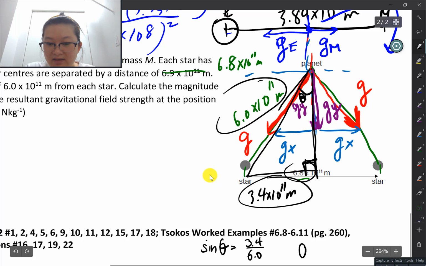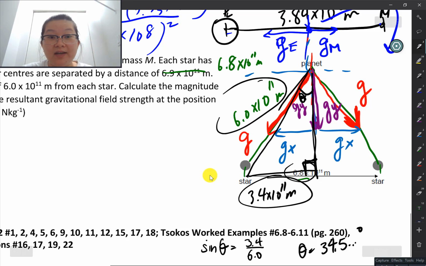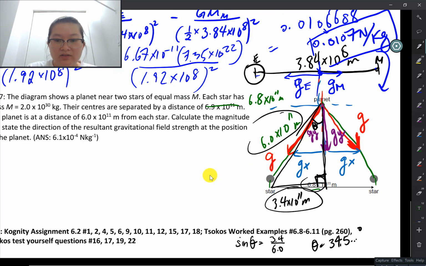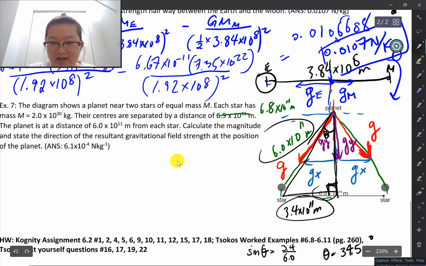Then I take the inverse sine of that, and that gives me 34.5 degrees. I'm going to save this angle because I'm going to need it for finding the component of the gravity. So now that we have the setup, we need to find the direction.